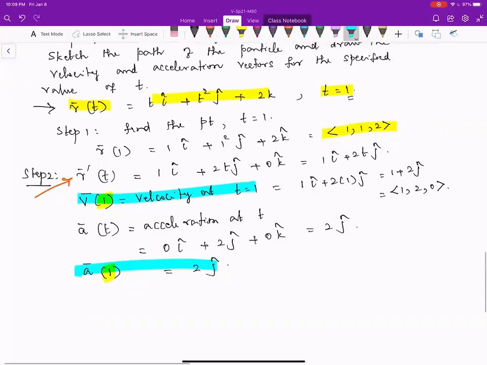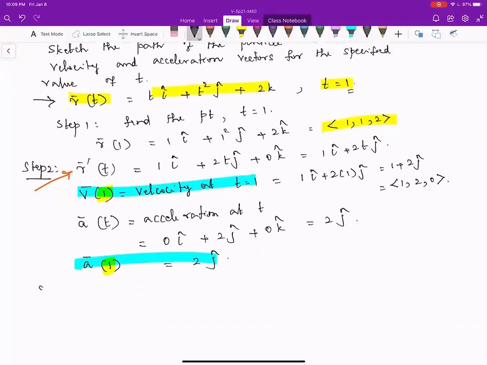Then we are also asked to find out the speed. Speed at time t is the length of the velocity. The length of the velocity is actually this one here. So velocity is this, 1i plus 2tj.